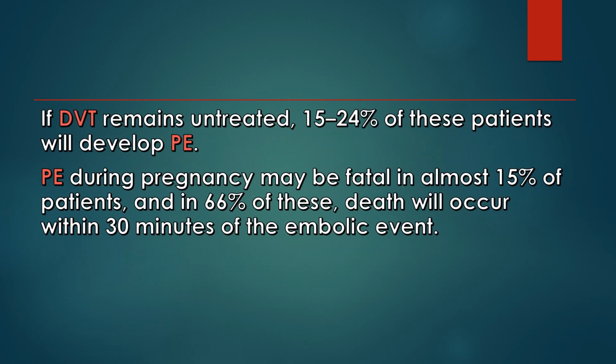If DVT or deep vein thrombosis remains untreated, 15 to 24% of these patients will develop pulmonary embolism. PE or pulmonary embolism during pregnancy may be fatal in almost 15% of patients, and in 66% of these, death will occur within 30 minutes of the embolic event.